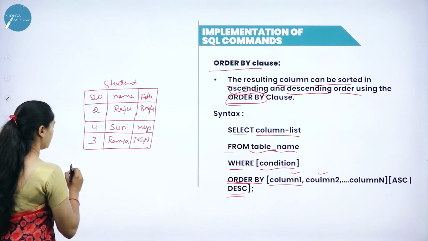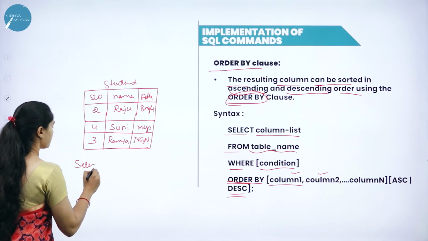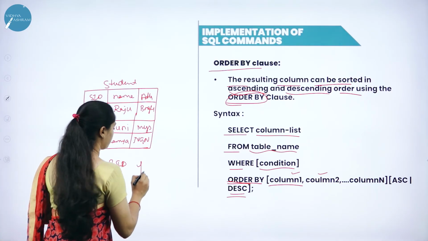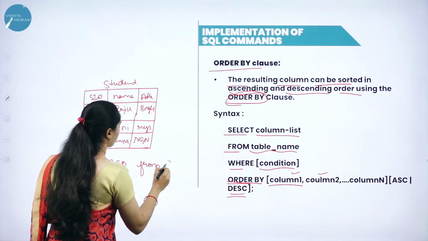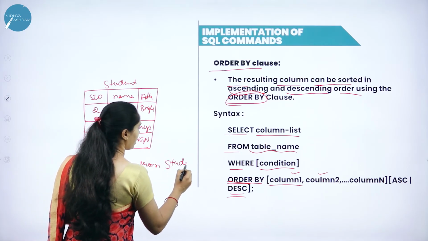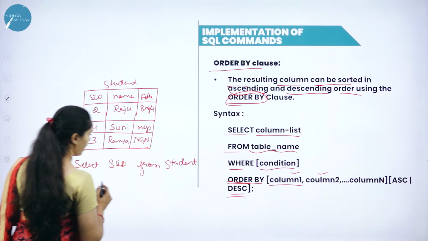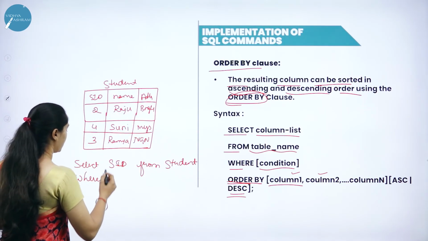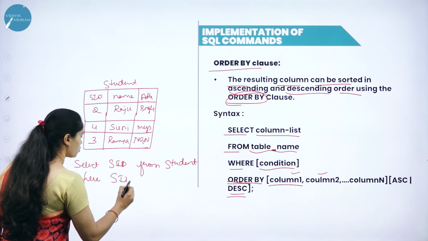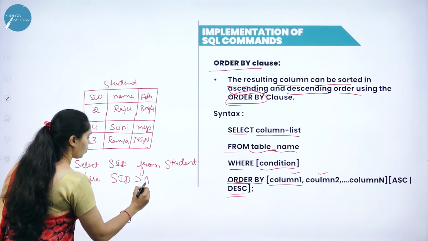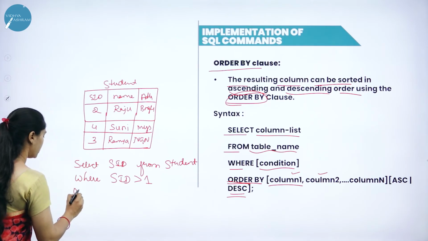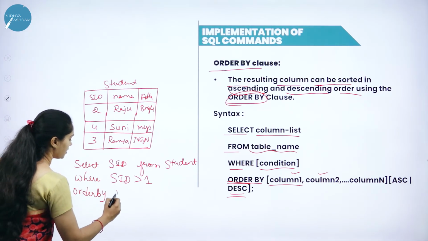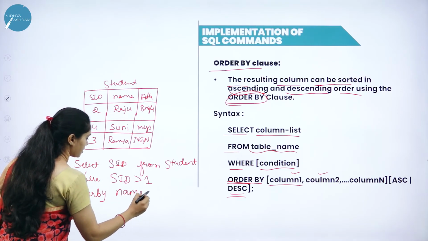Let me consider SELECT student ID, from which table do I want to take it? I want to take it from the student table WHERE I have to give a condition. Let me consider WHERE student ID is greater than 1, then ORDER BY, I will take the name column.